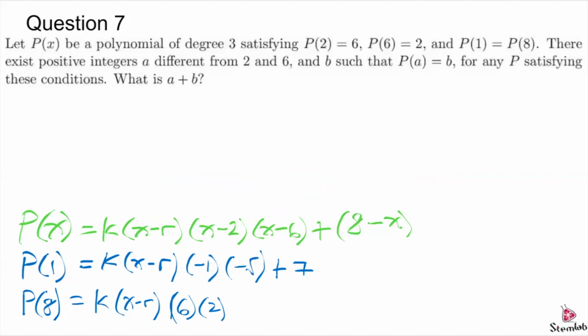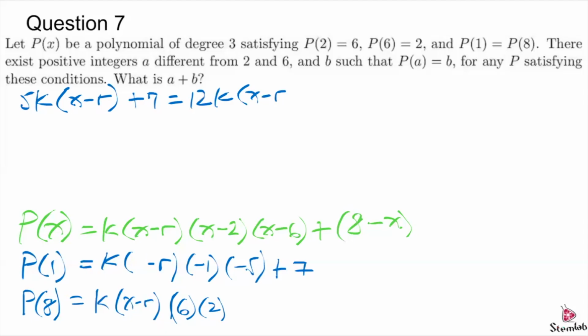So the P of 1 just becomes 5K times X minus R plus 7. And that's equal to 12K times X minus R. Oh, oops, I didn't substitute it in.